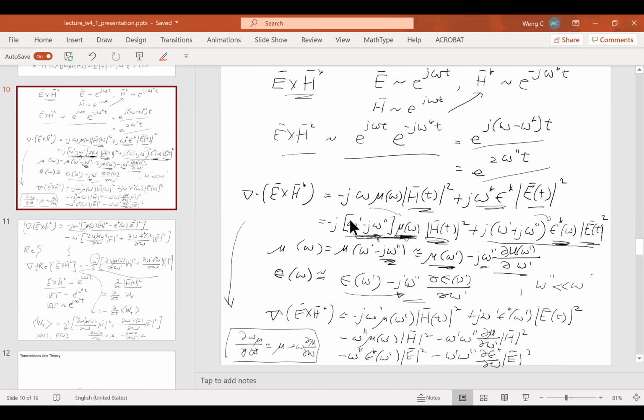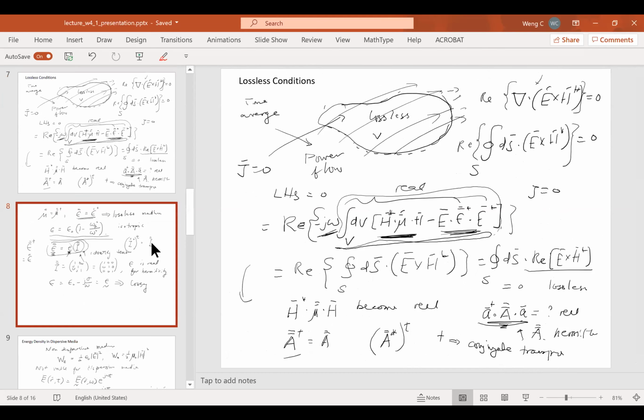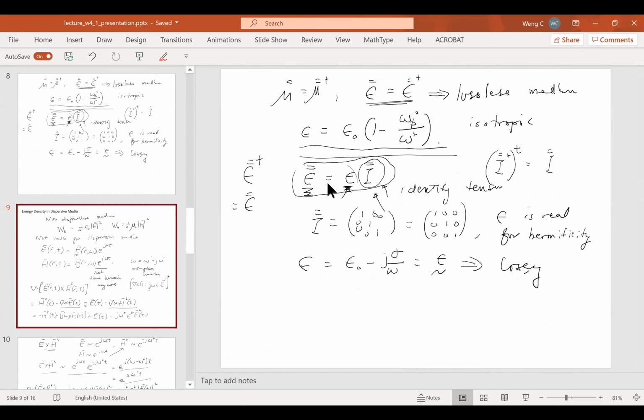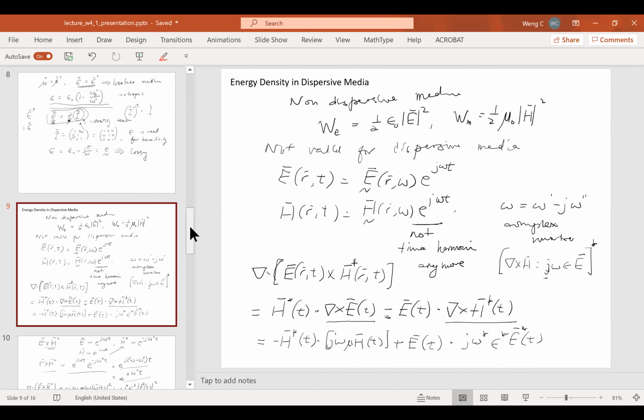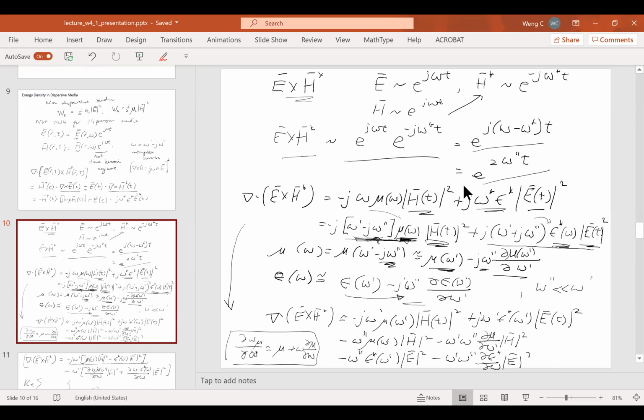And from this new conservation law, we can actually deduce what the energy density should be for a dispersive medium. So it is a mathematical tool, a mathematical trick, to make things such that what we have is not purely time harmonic anymore, but quasi time harmonic. And because it's not time harmonic anymore, it has to have a different kind of behavior.